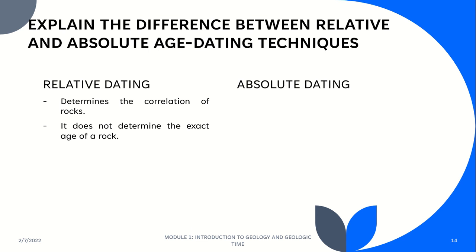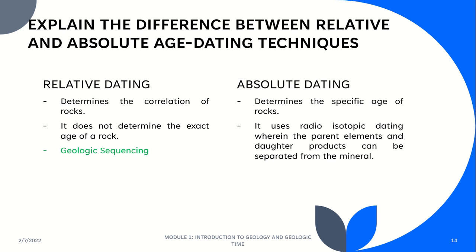It does not determine the exact age of a rock, and it is determined through geologic sequencing. When we say absolute dating, it determines the specific age of rocks. It uses radioisotopic dating wherein the parent elements and daughter products can be separated from the mineral, and it also uses carbon dating for fossils.